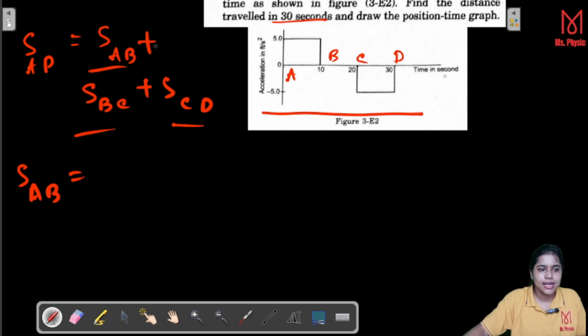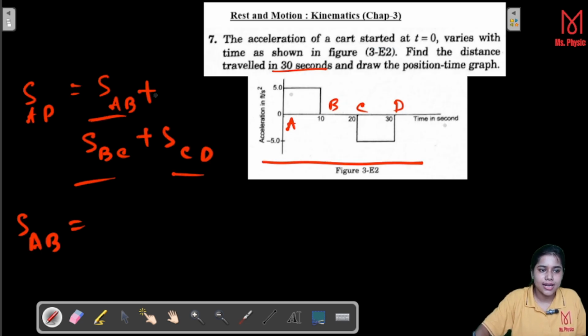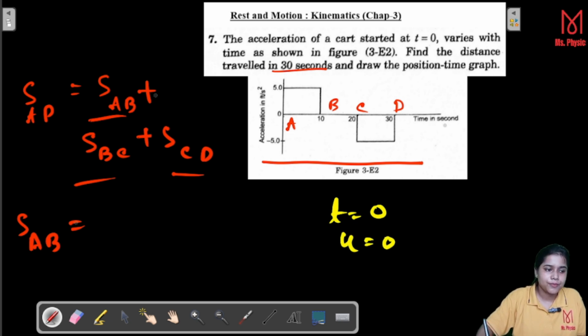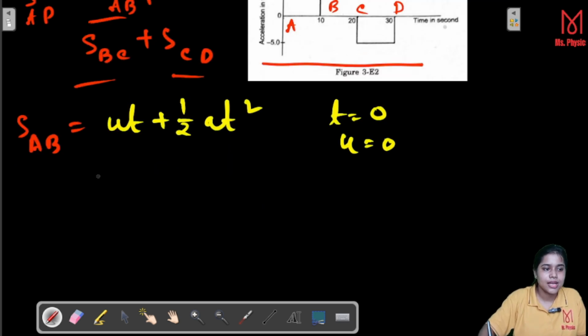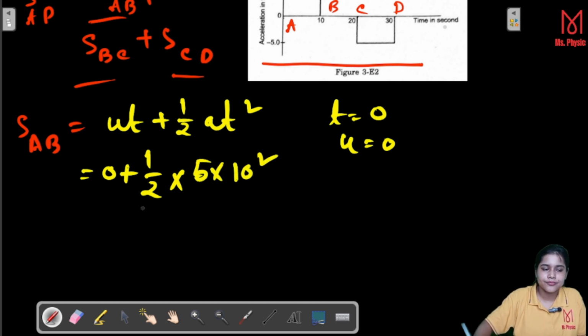Now here you see that the acceleration is 5. It is constant from 0 to 10 seconds. At time t equal to 0, we can consider u is equal to 0. So if I use the formula ut plus half a t square, since u is equal to 0, we have 0 plus half a, where the value is 5, and time t is 10, so t square is 100.